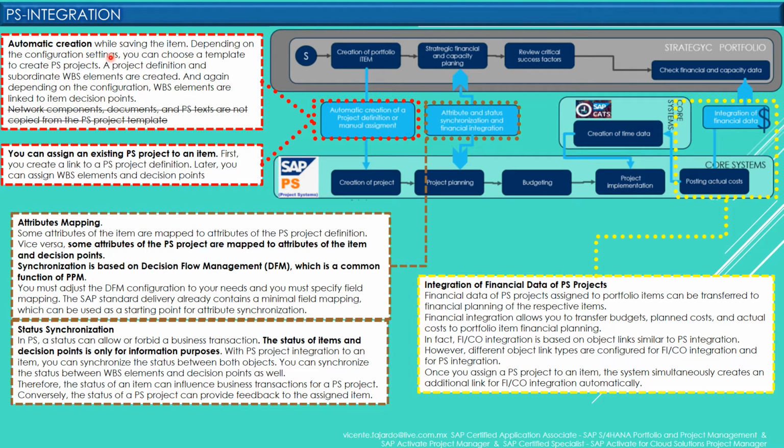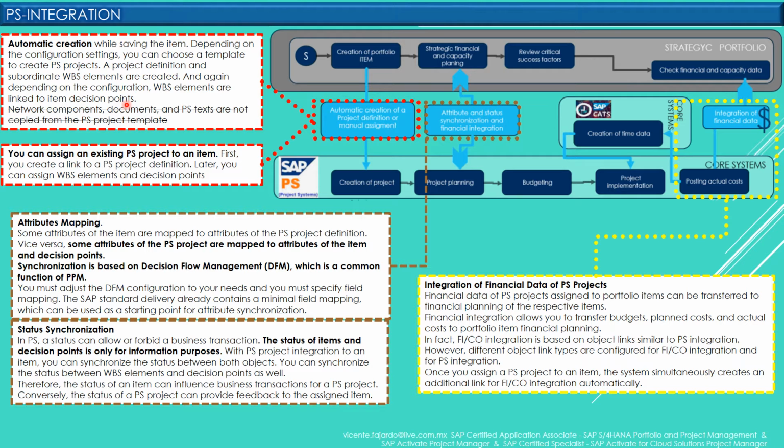A project definition and subordinate WBS elements are created. And again, depending on the configuration, WBS elements are linked to item decision points. Network components, documents and PS text are not copied from the PS project template.